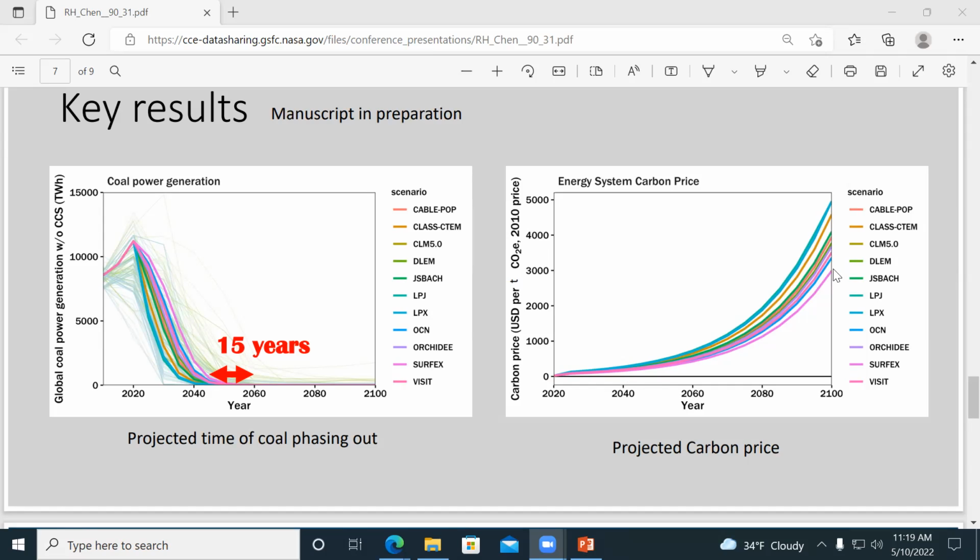By the end of the 21st century, the carbon price can vary between $3,000 per metric ton of carbon emissions to $5,000 just by using different models for estimating the land carbon sink.